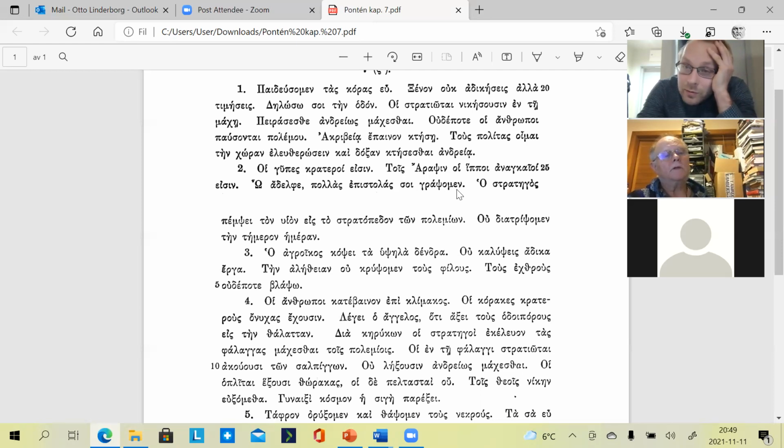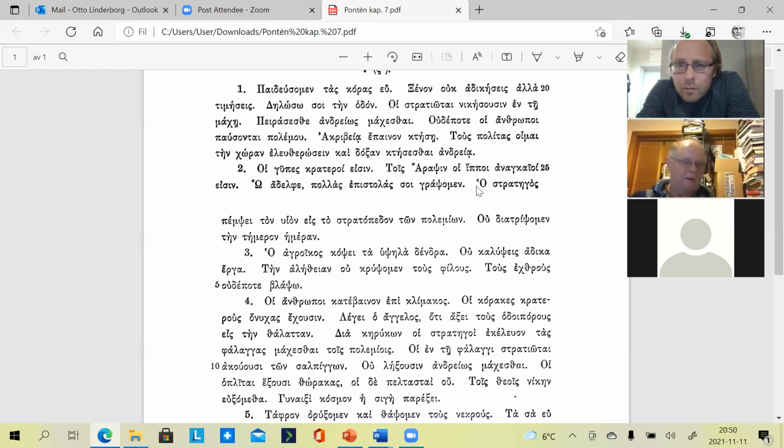Future, active future, second person plural. Or first person plural, actually. I also always confuse those first with the second person, but yes, it's first person plural. Perfect.